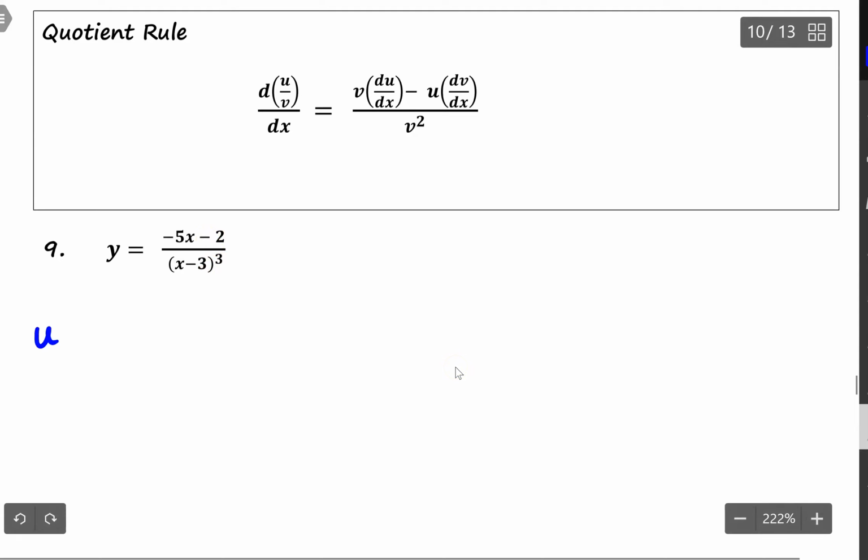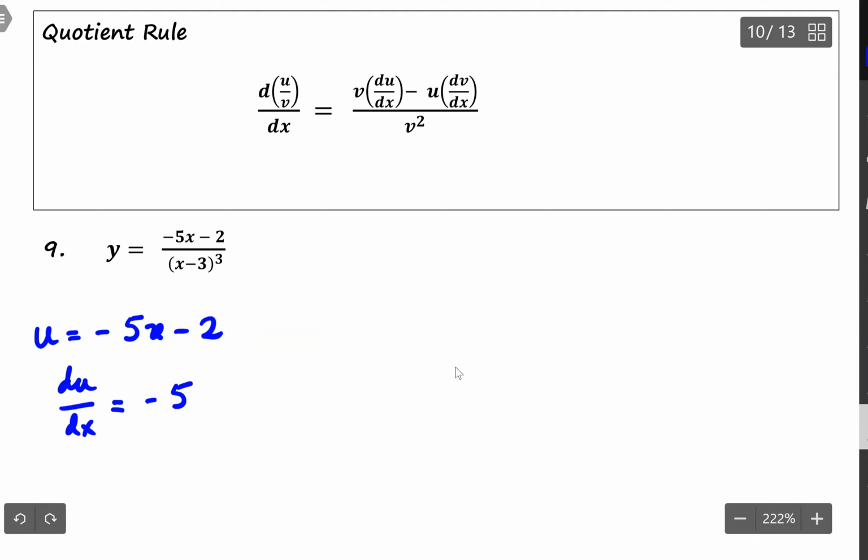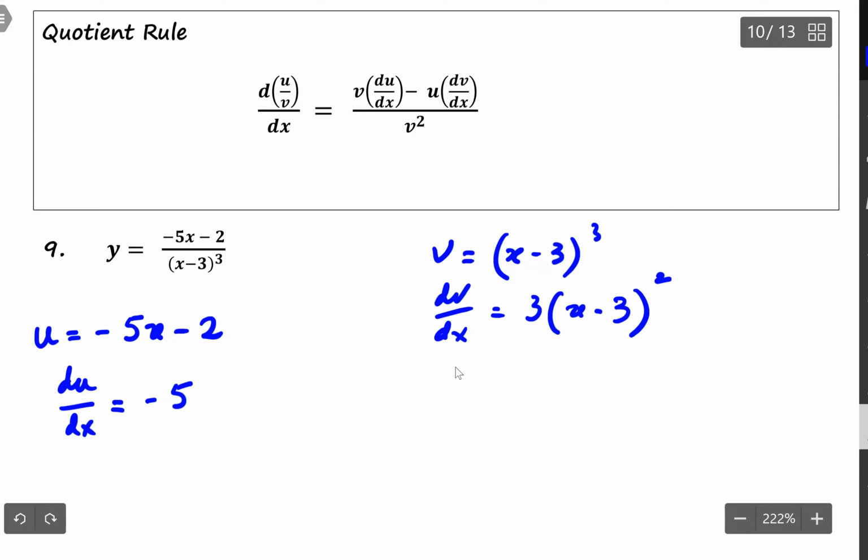So u is negative 5x minus 2 in this case, so I have du over dx as negative 5. And v is x minus 3, all of it to the exponent 3. So dv over dx is equal to 3 times x minus 3, all of it raised to exponent 2, times 1, which is the chain rule.